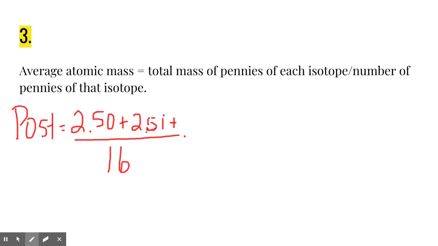And when I added them all together and divided by 16, I just found the regular average. That came out to be 2.498. Let's go on and round your average mass for each of your isotopes and have two decimal places. So 2.50 is what we're going to go with here.